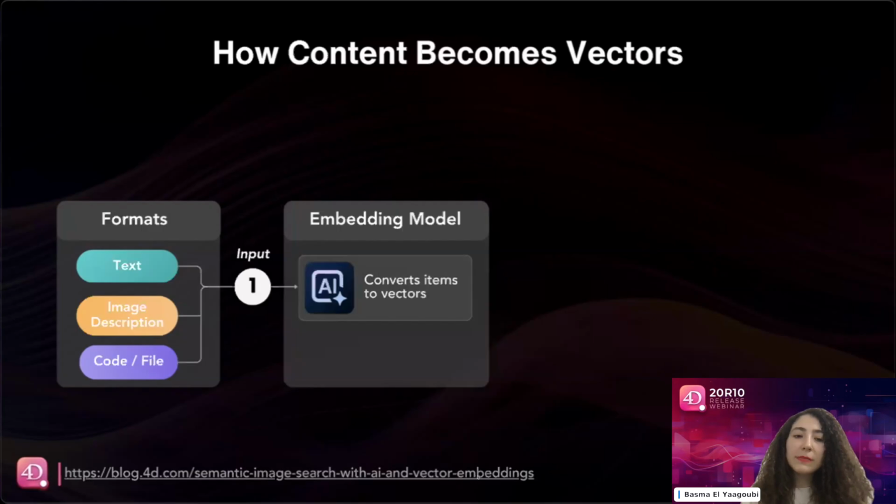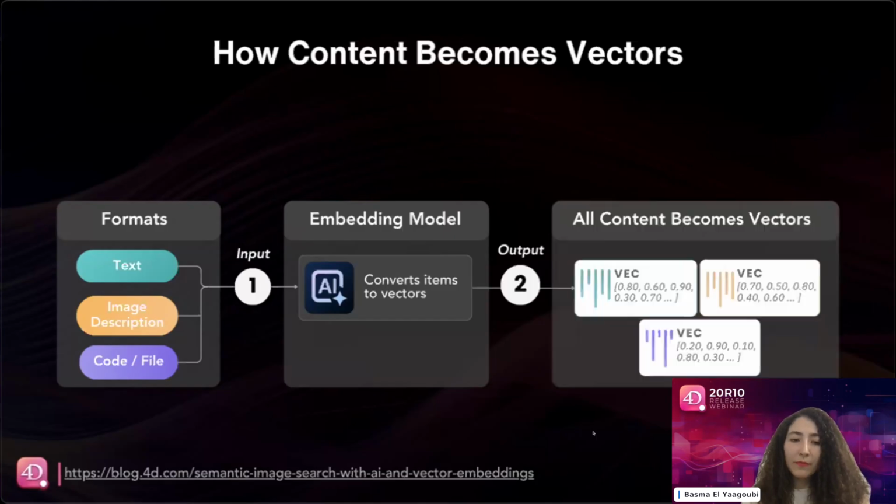That content is passed to something called an embedding model. So what exactly is a model? A model is an AI program that's been trained to recognize patterns in data. That's it. And in this case, the embedding model has been trained to recognize meaning, not just the words you type, but the intent behind them, the context they're used in, the overall idea.